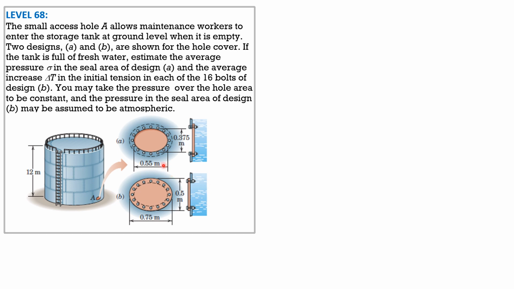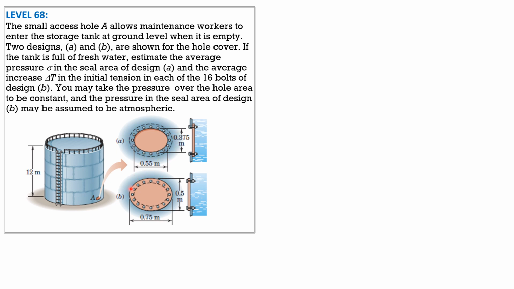So for part A, this is design B, which is greater in area than design A. Therefore, the average pressure in the seal area here is equal to the force over the area of design B divided by the seal area, which is area of design B minus area of design A.